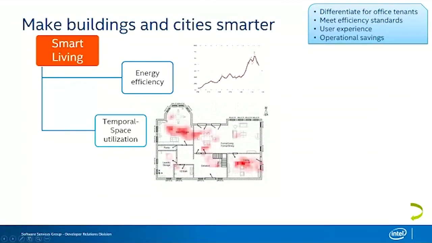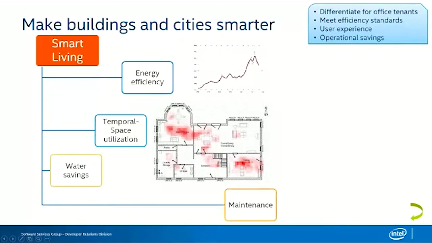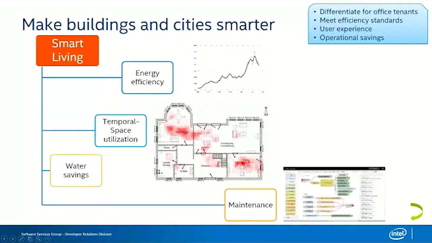But by putting in sensors, either with the lights, that are in the light outlets, or putting in sensors that can measure or figure out the presence or absence of people, it becomes really useful to understand what is the flow of the workers. And finally, you have things around water savings and maintenance.